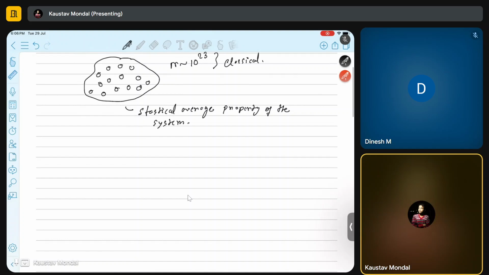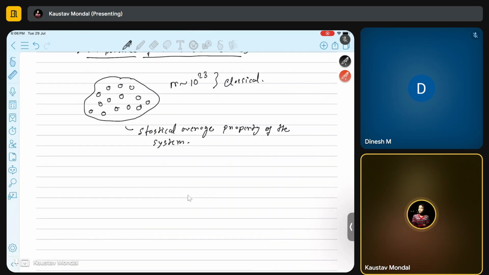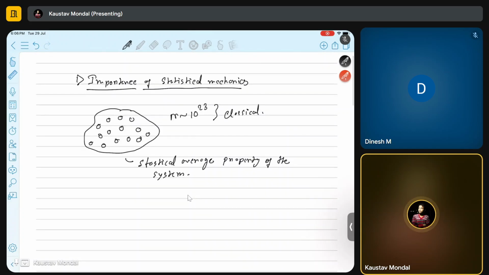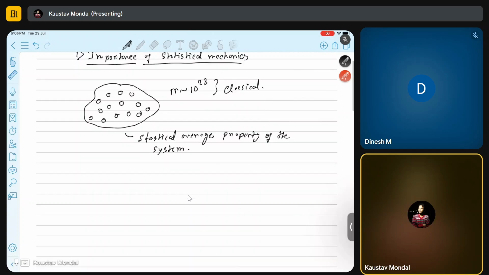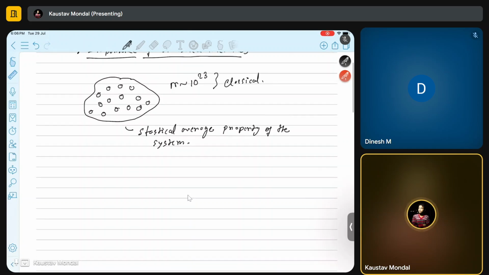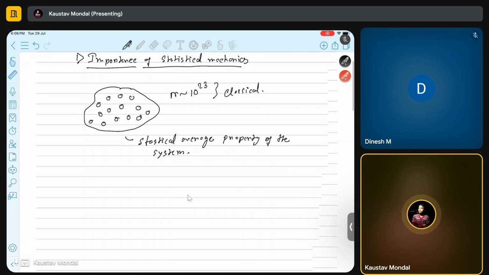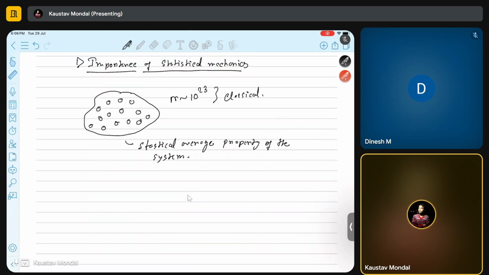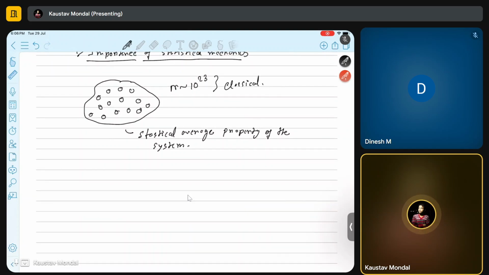In order to do this, statistical mechanics basically acts as a tool to estimate these statistical average properties. So briefly, that is the importance of why we need statistical mechanics, basically to make our life simpler.